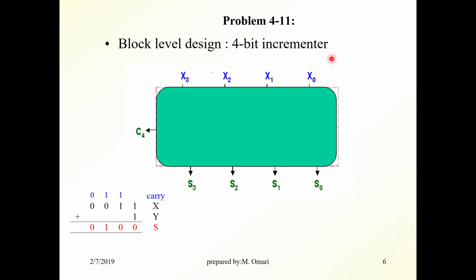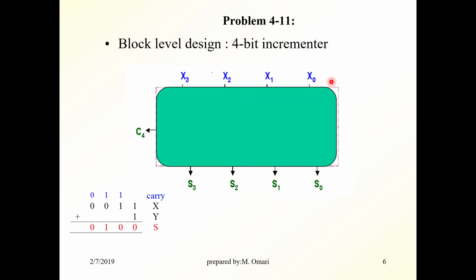4-bit incrementer. What is a 4-bit incrementer? It's a combinational device that has a 4-bit input, and the output, S0 through S3, will be incremented by 1, and we have also a final carry because the output is 5 bits.